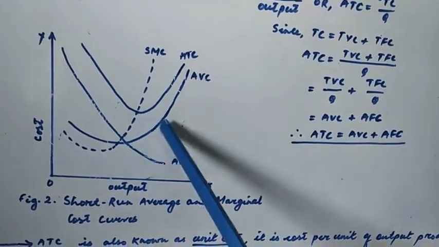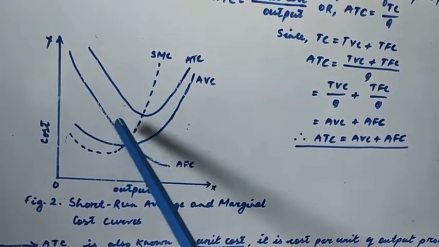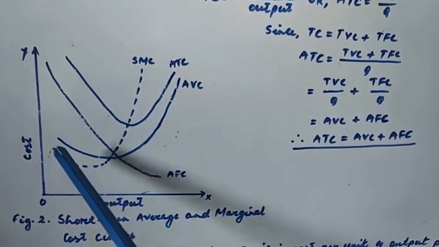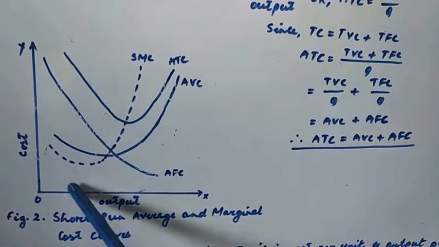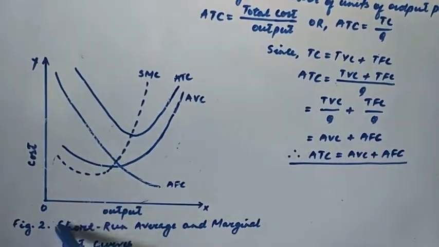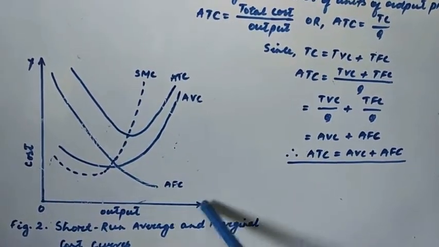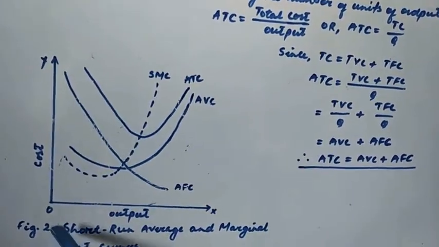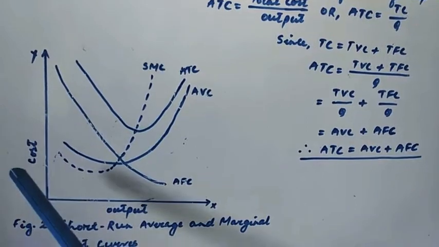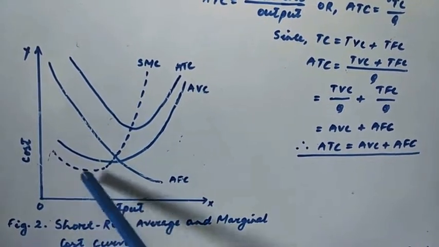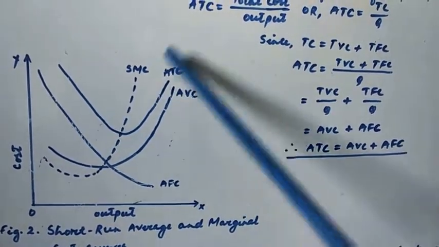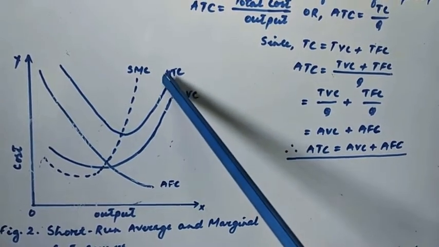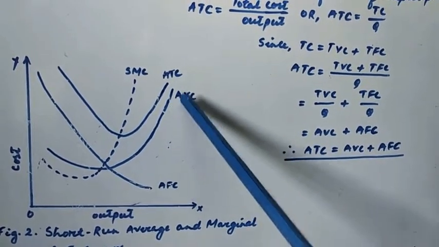And as I have just mentioned earlier in the previous class, in this diagram we are measuring output on the x-axis and cost on the y-axis, and 0 is the origin. So as output increases, what happens to ATC and AVC, average total cost and average variable cost?